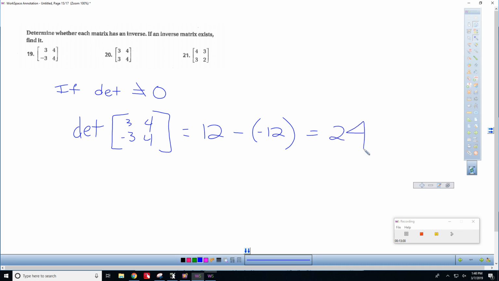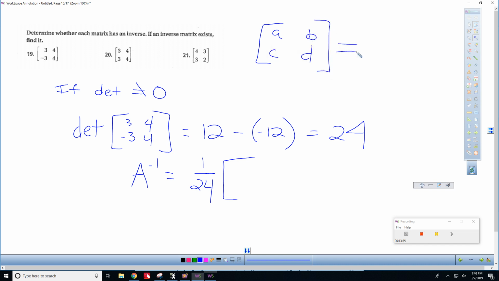So, if it exists, then the inverse, A inverse, the determinant is 24, so 1 over the determinant times, watch, if it used to be A, B, C, D, then the inverse will be 1 over the determinant times, basically you flip everything and you do the opposite.